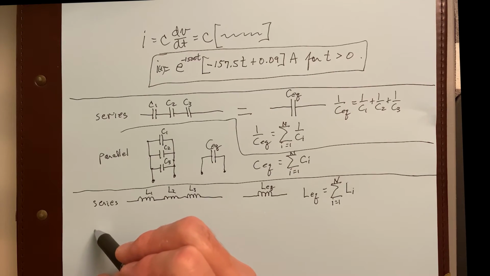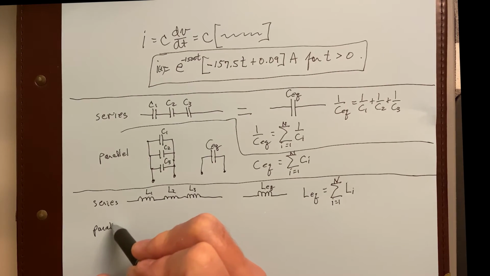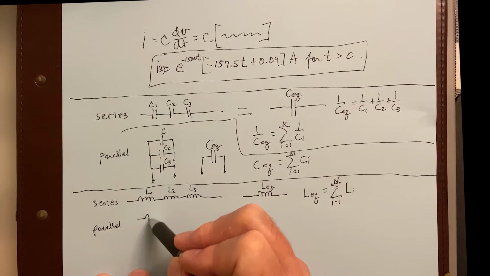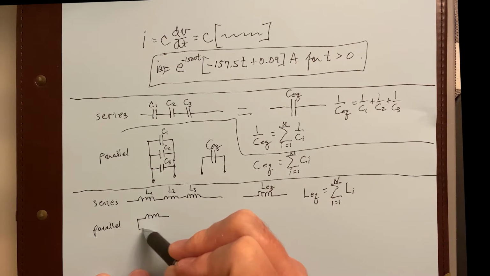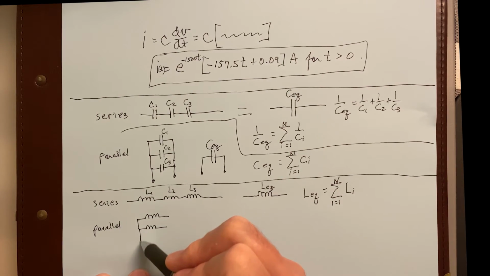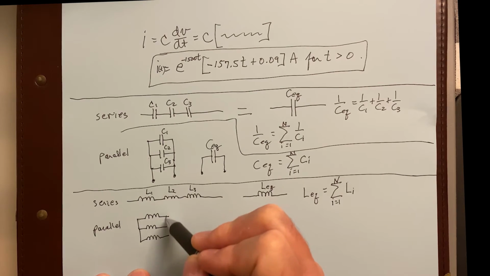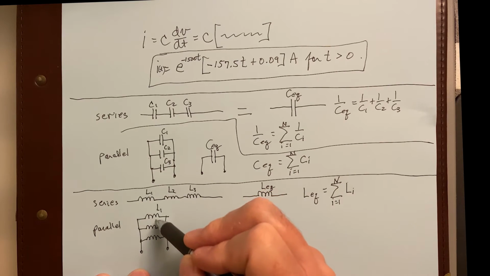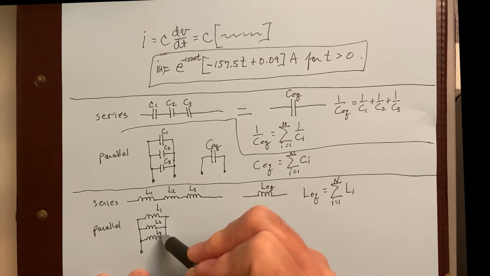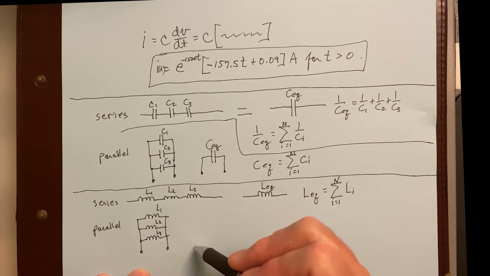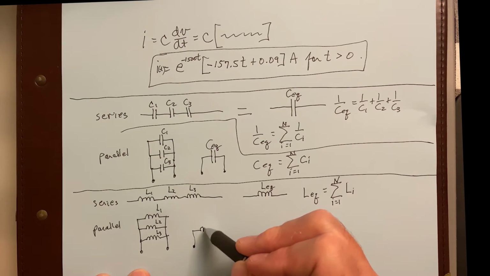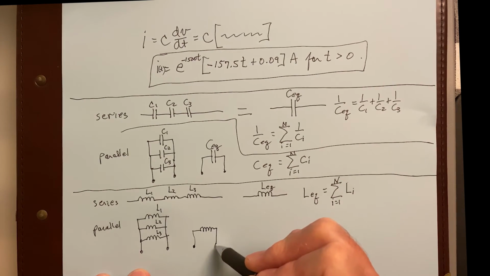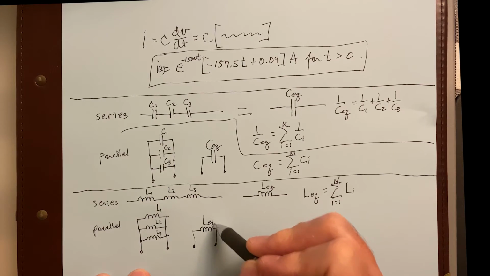And then for parallel, the same idea. Here are your two terminals. Let's label these L1, L2, and L3. And my goal is to take all of those and combine them into one LEQ.